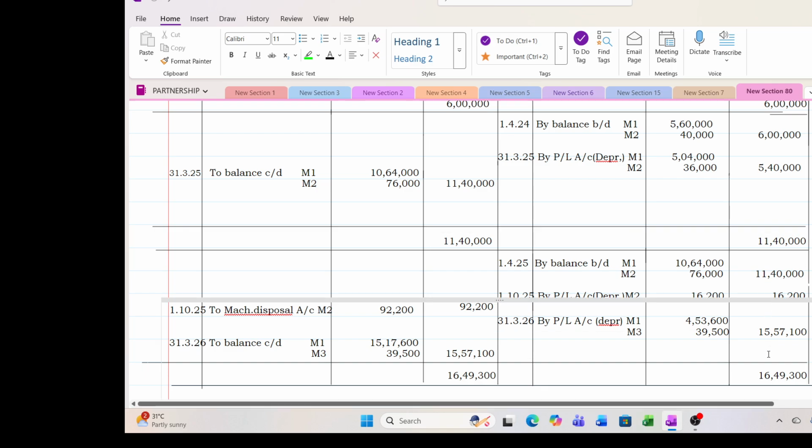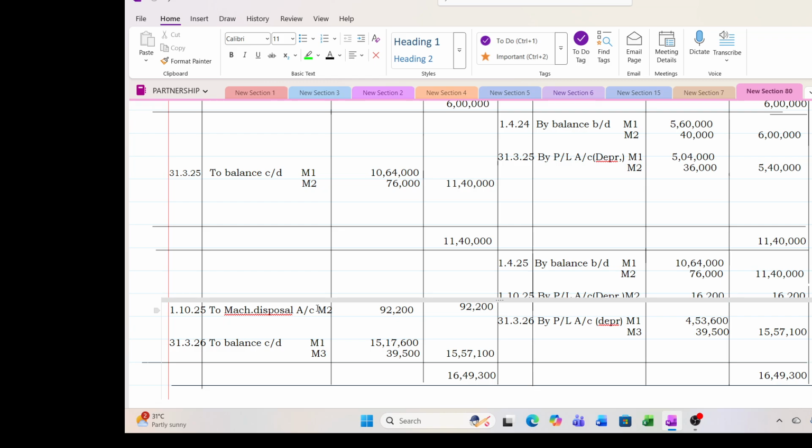So we totalled this, and for M2, we already know the opening balance was 76,000, and we added 16,200. So 92,200 has to be removed from the provision for depreciation account and transferred to the disposal account.